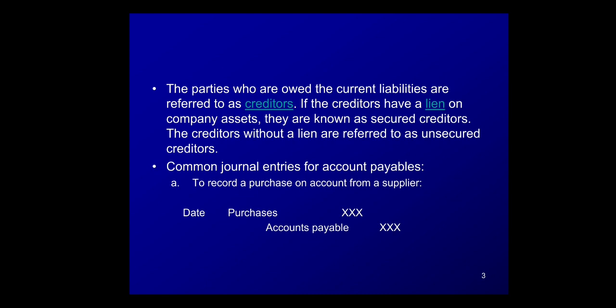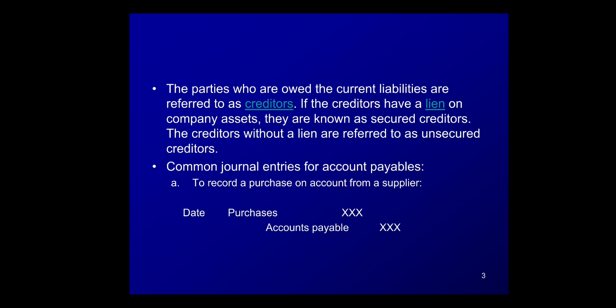Okay, and then see the second point in this slide is common journal entries for account payable. So here you can see how to record something in account payable. Very easy. Most of the time you record account payable because you purchase something from supplier. So if that is the situation, then the journal entry is like the one that you can see here.